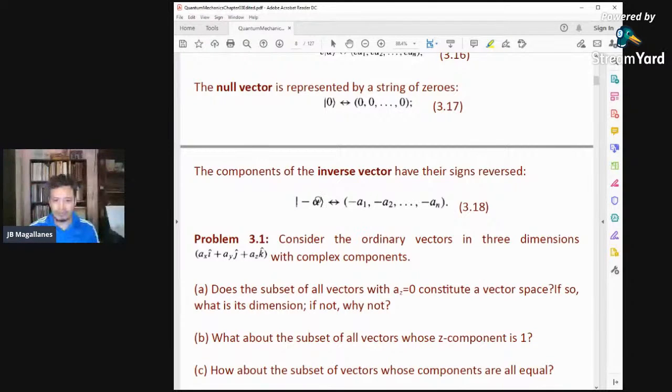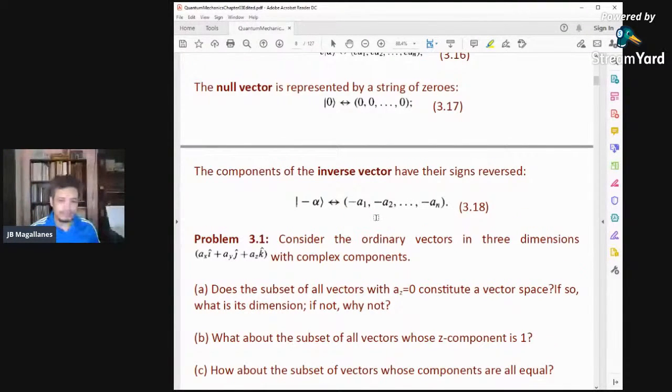For example, if alpha is -5 e1 plus 3 e2 plus 4 e3 minus 2 e4, then the negative of that alpha would be 5 e1 minus 3 e2 minus 4 e3 plus 2 e4.